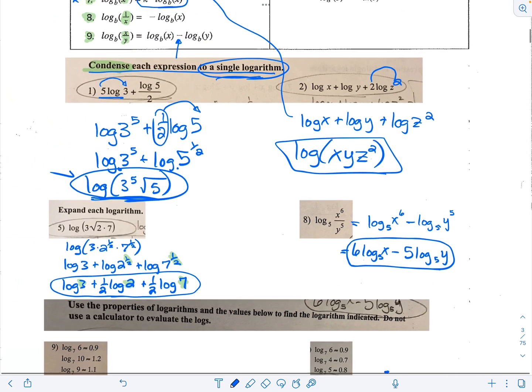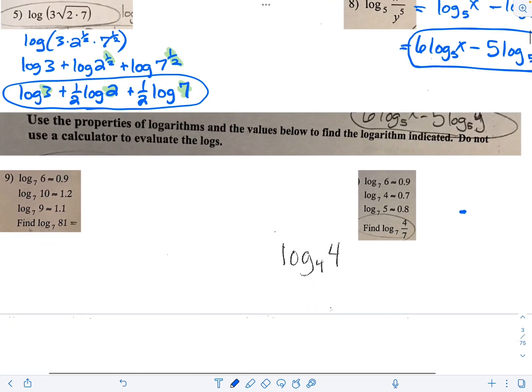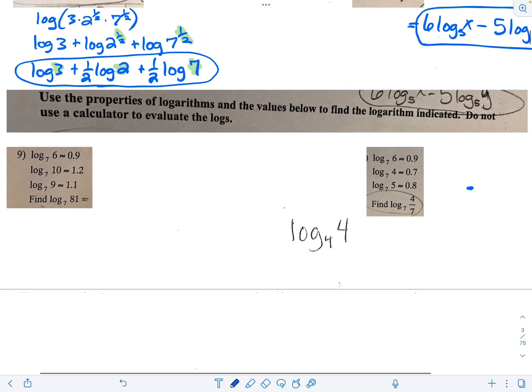All right, final one is where you might have to use, this is a standard teacher tool also to kind of manipulate logs, is to use the properties of logs and values or facts about logarithms without a calculator to evaluate them.